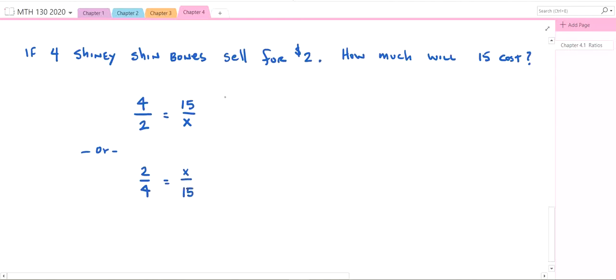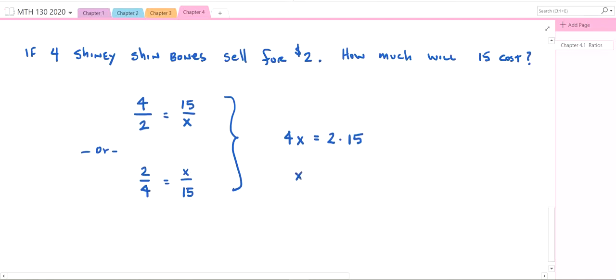So however I do this, we can then end up with an algebraic formula where I have 4x equals 2 times 15.